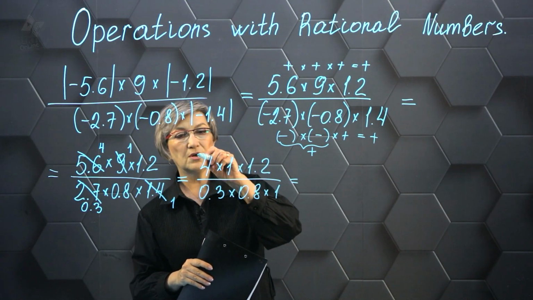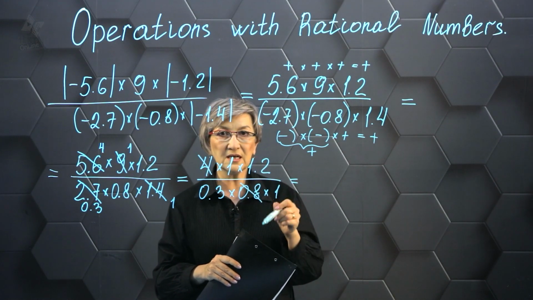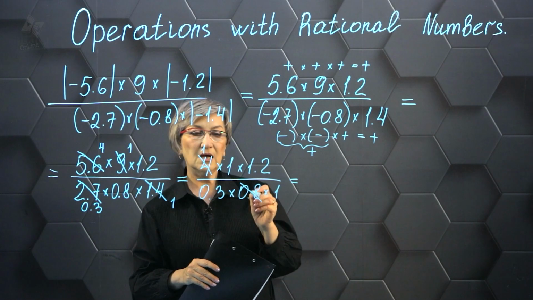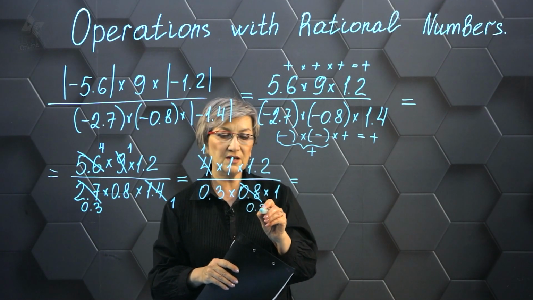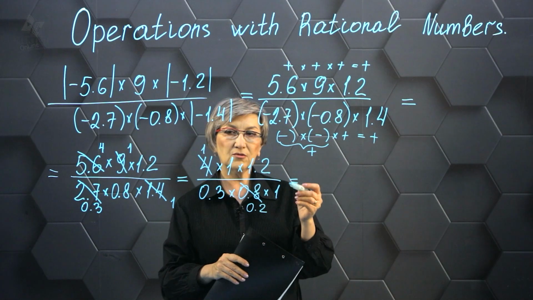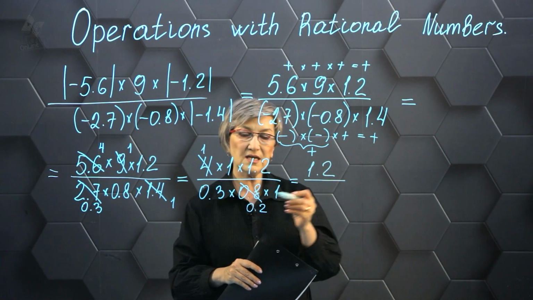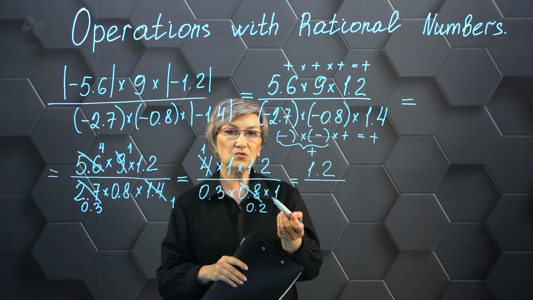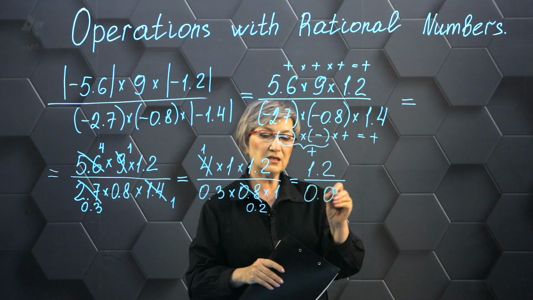But we see that the number 4 and 0.8 can be divided by the number 4. 4 divided by 4 is 1, and 0.8 divided by 4 is 0.2. So that leaves 1.2 in the numerator. And the denominator is 0.3 times 0.2, and that's 0.06.